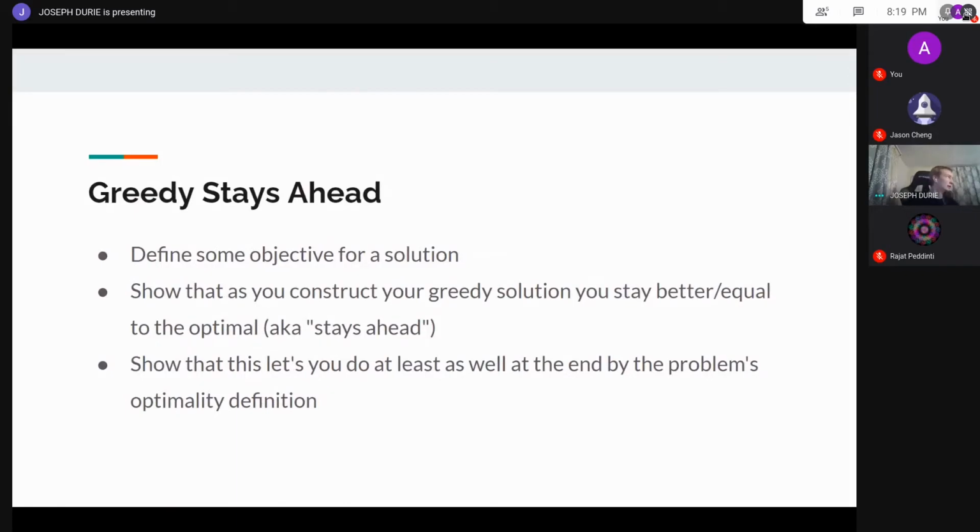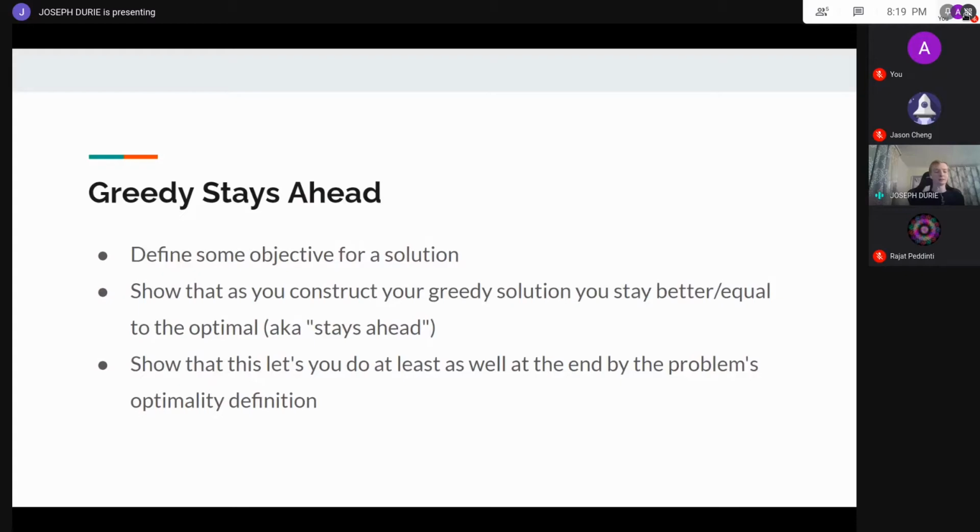So now I'm going to talk about a general way to figure out if a greedy solution works. And that's if it always stays ahead of the optimal, at every step. Going back to the idea of a greedy algorithm, we have this objective for the solution. So now we want to consider the partial objectives at every step.